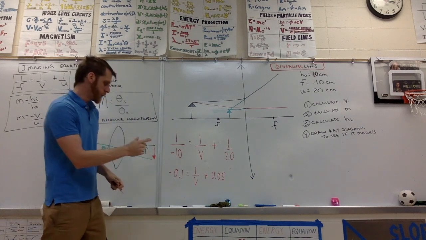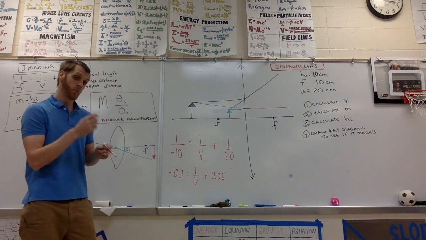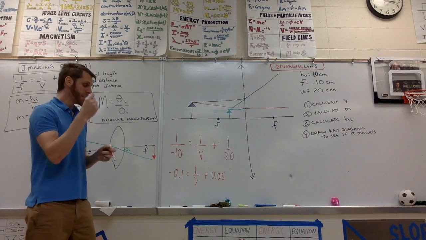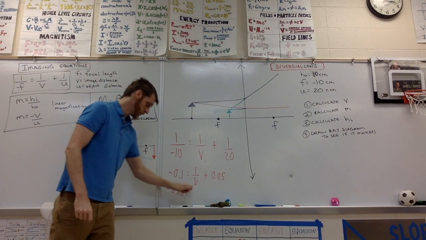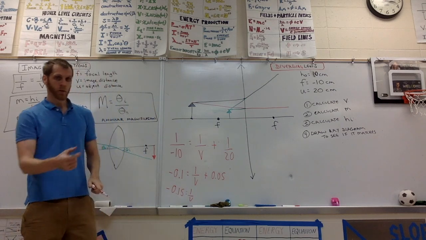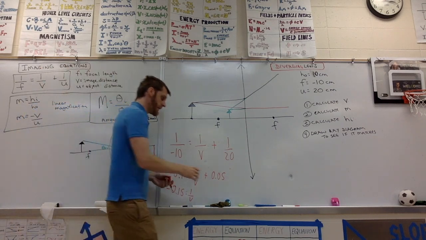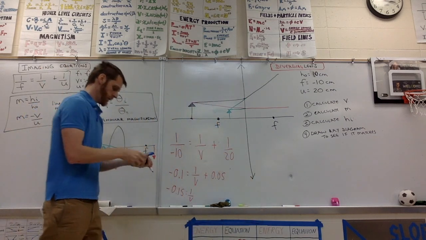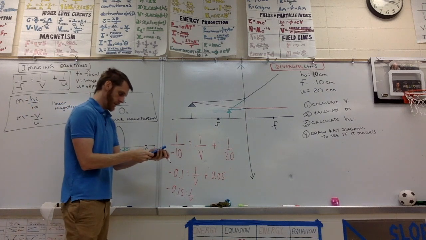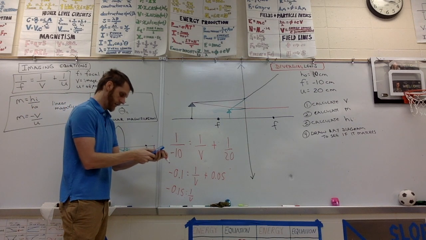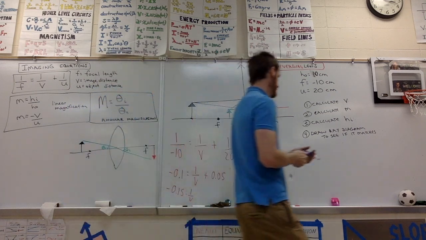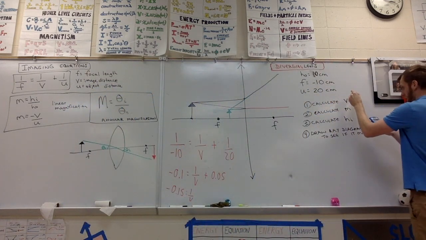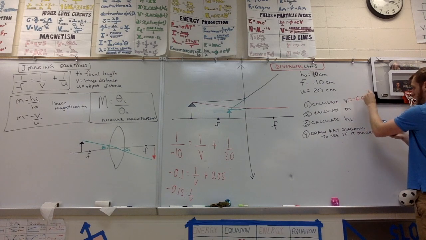Now I have to subtract 0.05 to the other side. So negative 0.1 minus 0.05 is negative 0.15 equals 1 over v. Now I can multiply by v and divide by negative 0.15. So I take 1 divided by negative 0.15, and I get v is negative 6.67.